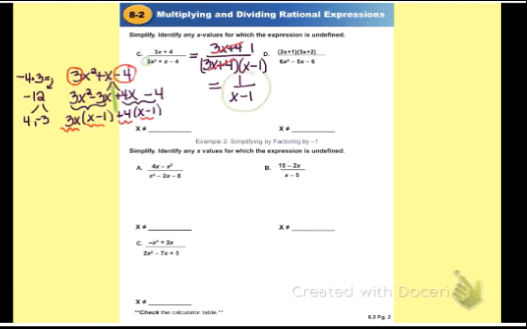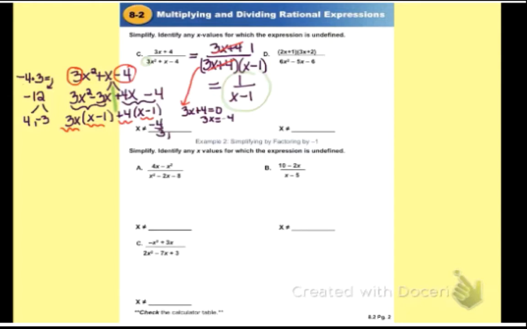But then, to tell what x cannot be, because it would make the denominator 0, I have to look at that factored form before I canceled, and think about what would make that equal to 0. Well, 3x plus 4, if I set that equal to 0 and solve, I would have to subtract 4 and divide by 3, so that would give me negative 4/3.